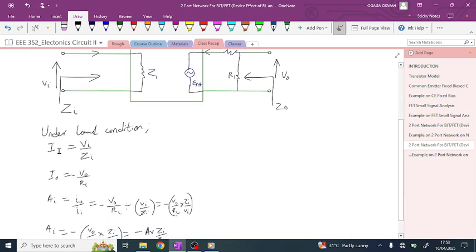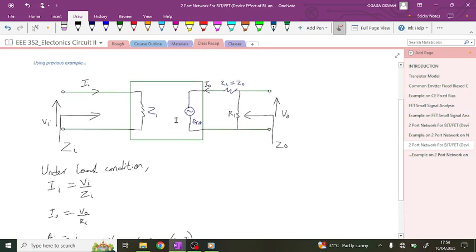Under load condition, our input current equals input voltage over input impedance. Similarly, output current equals minus output voltage over, what is the resistance here? The load resistance. Why do we have a minus sign here? It's because we judge our current to come in this direction.